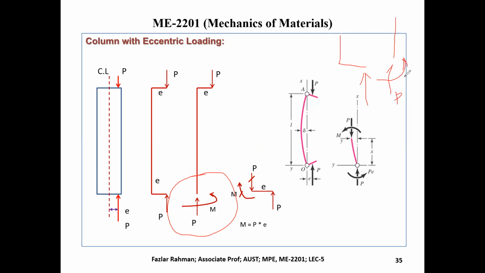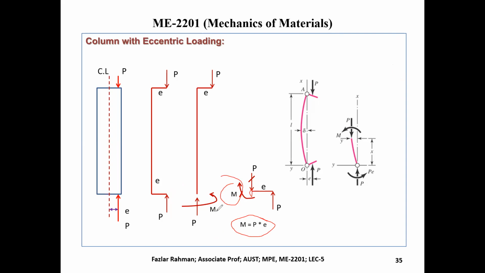One is this bending. Now, how much will be the value of this bending? This bending value M will be how much? You take moment over here, then you will get M equal to P into E. That means if you apply more eccentricity, there will be more bending working over here. Less eccentricity, less bending.